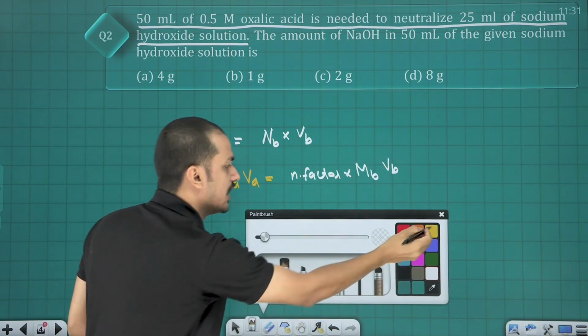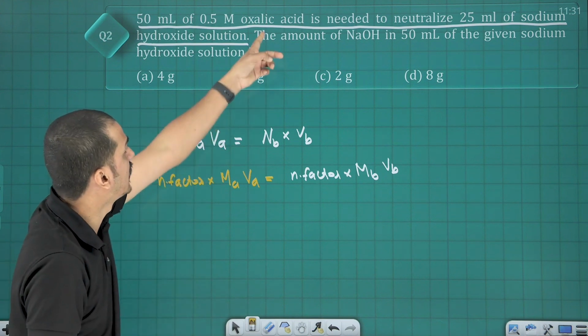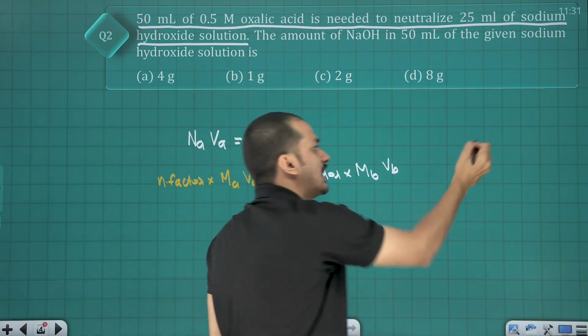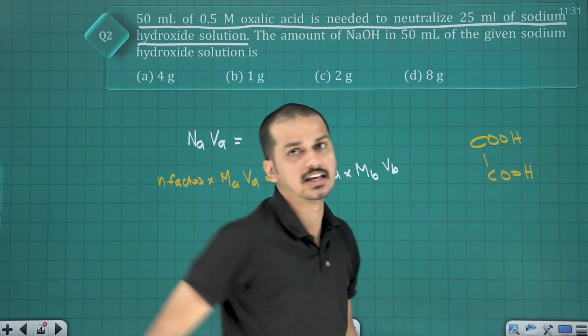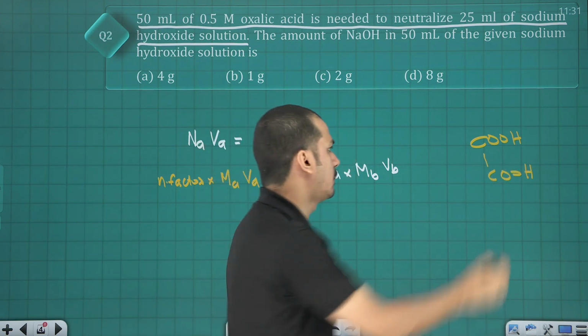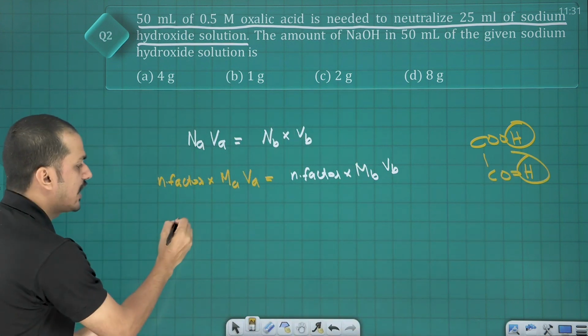That much idea is given in the question. Oxalic acid is COOH, COOH. How many H plus are replaceable? This one as well as this one. 2 hydrogens are replaceable, so its n factor is 2.